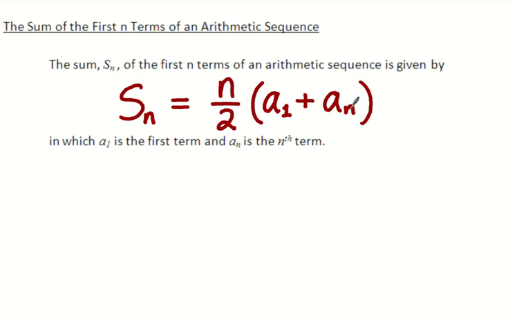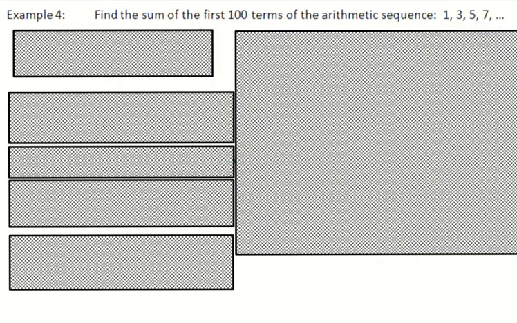So like the 50th term, which in general is always going to mean the last term. So whereas a sub 1 is the first term, whatever it is, a sub n is going to be the last term. So let's see how this works.